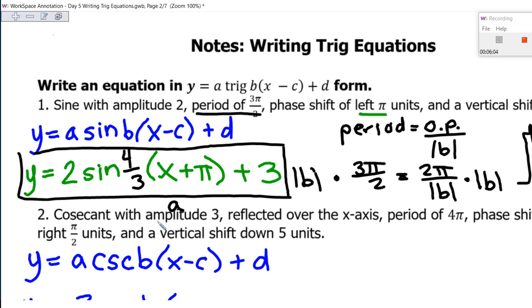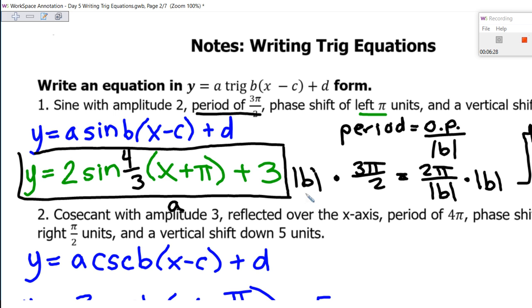But how would I show that the phase shift is right pi over 2 units? Yes, x minus pi over 2 in the parentheses. And then for the d value, how do we show that there was a vertical shift down 5 units? -5. Now we have to solve for b using the period formula.